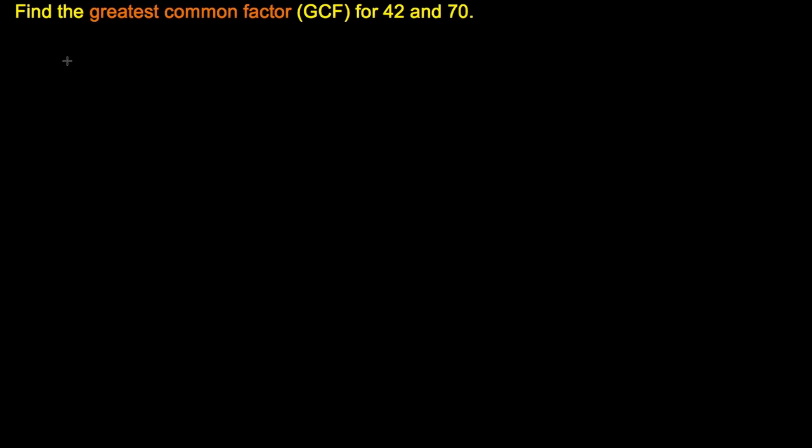If I were to look at, say, the numbers 6 and 8, and I were to consider all the factors of 6, well, we know from previous videos that numbers fall into the category of composite or prime. 6 is clearly composite simply because it's even and it's greater than 2, and 2 is our only even prime.